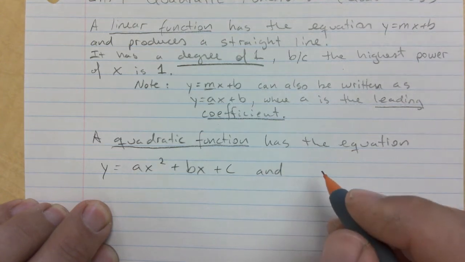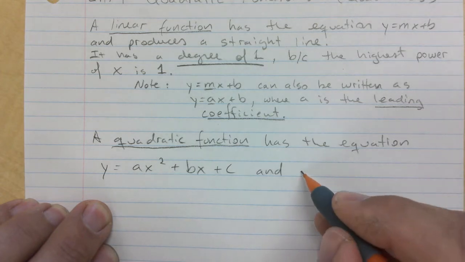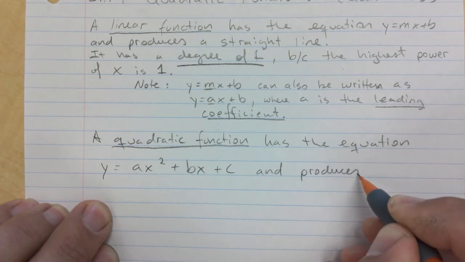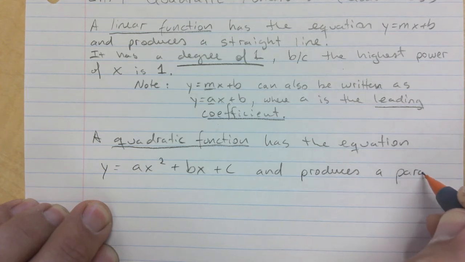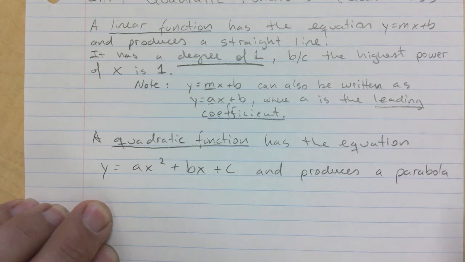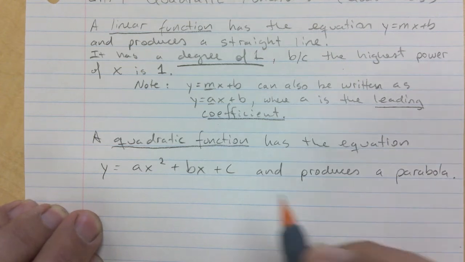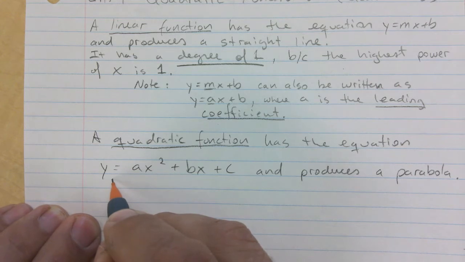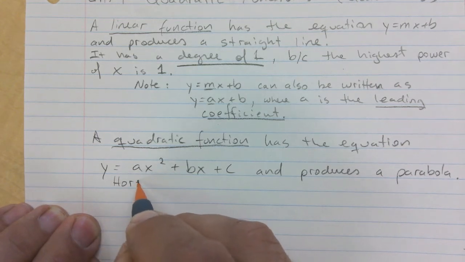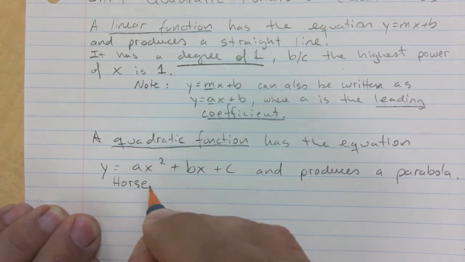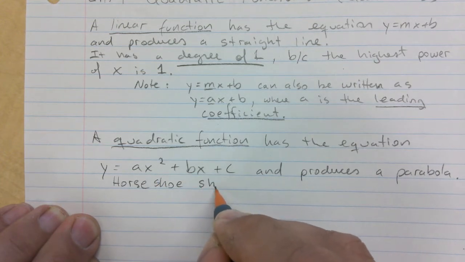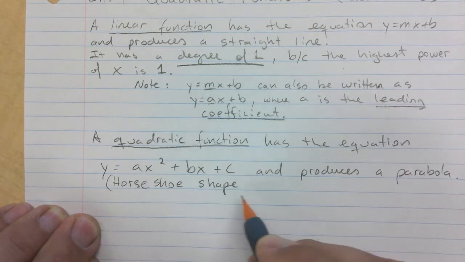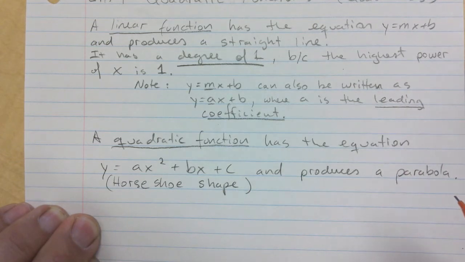And produces a parabola. And what is a parabola? A parabola is a horseshoe shape. Okay.